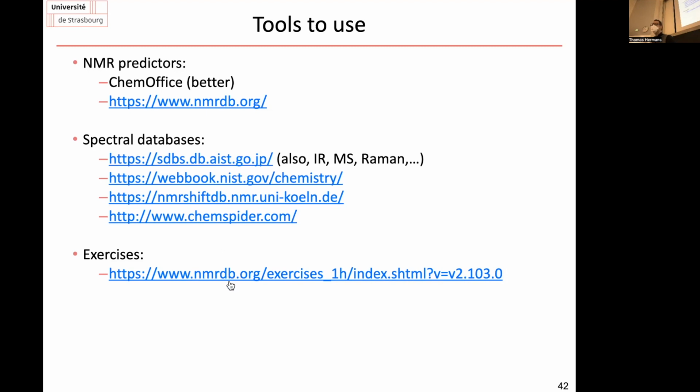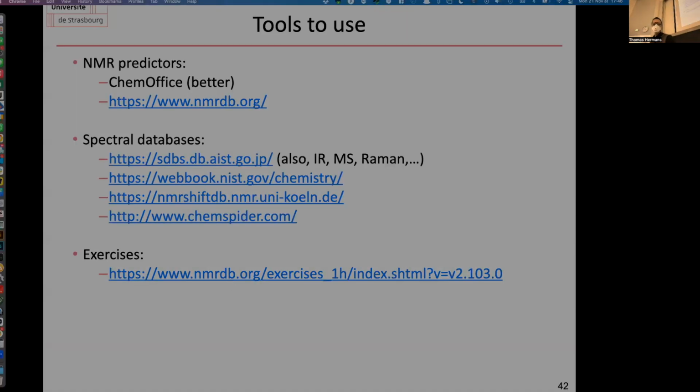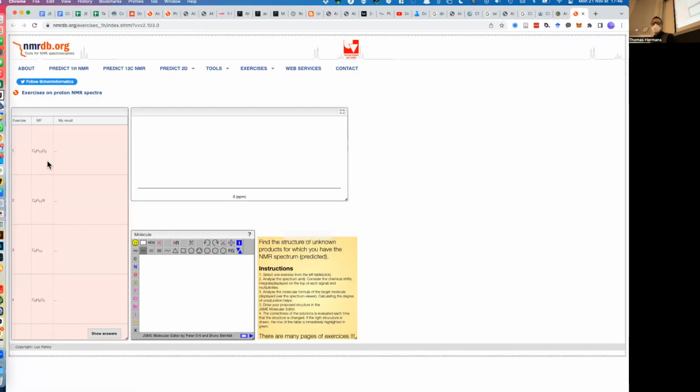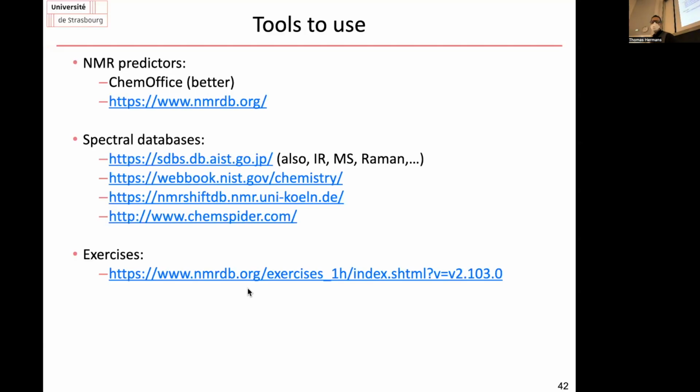There are exercises that just give you the chemical formula, and then you have to solve what the spectrum is, and then you have to draw it, and it tells you right or wrong. So it's a good exercise if you want to do that. It's on the last slide, this bottom one.